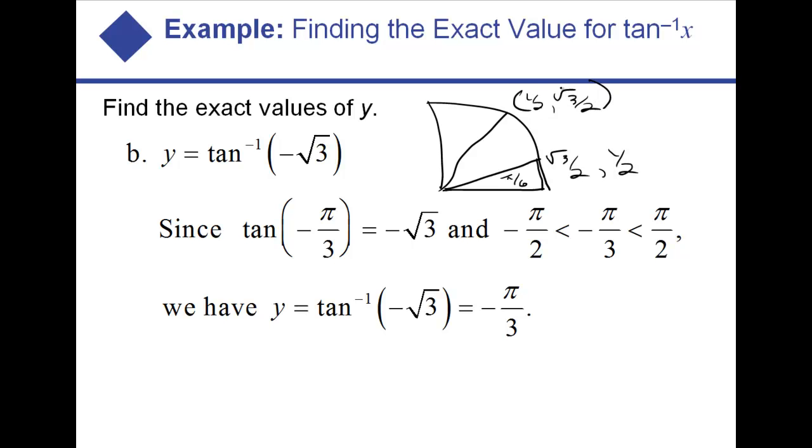Remember, we want sine over cosine. So if we did this one, we'd have 1 over square root of 3. Nope, we want square root of 3 over 1. So the reference angle we're looking for is pi over 3. But that would give us a positive square root of 3, right? We want negative, which means we just have to go negative the same angle, negative pi over 3, which is in our domain for tangent. It's defined there, so that ends up being our answer.